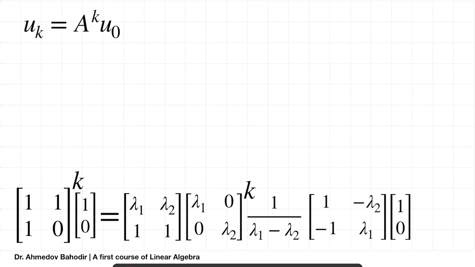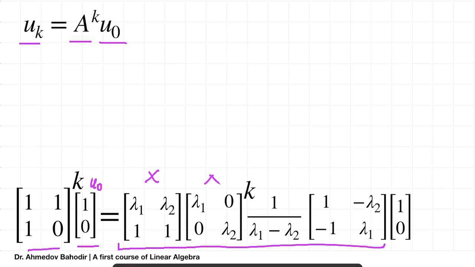Well, if you remember, if you would like to find u_k, you need to multiply A to the power of k by u_0. So A to the power of k times u_0 is going to be this multiplication of X, lambda to the power of k, and X inverse, since that is A to the power of k, right? Times u_0. This is what we get.